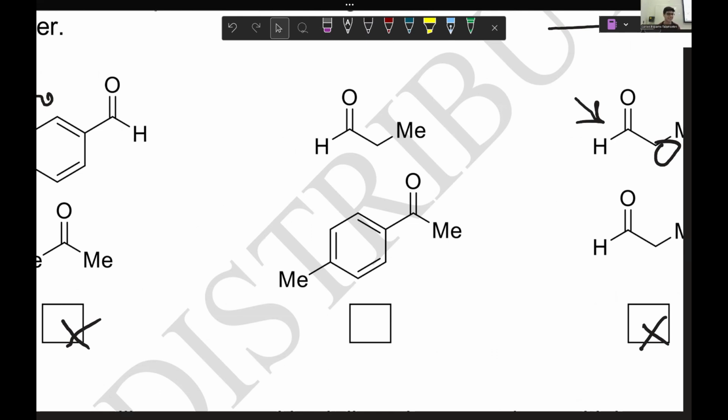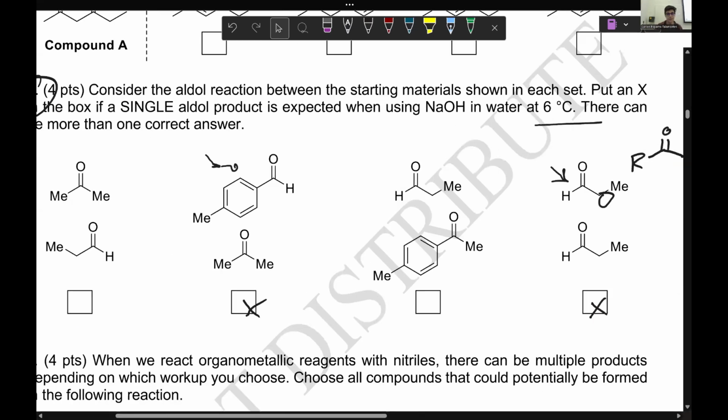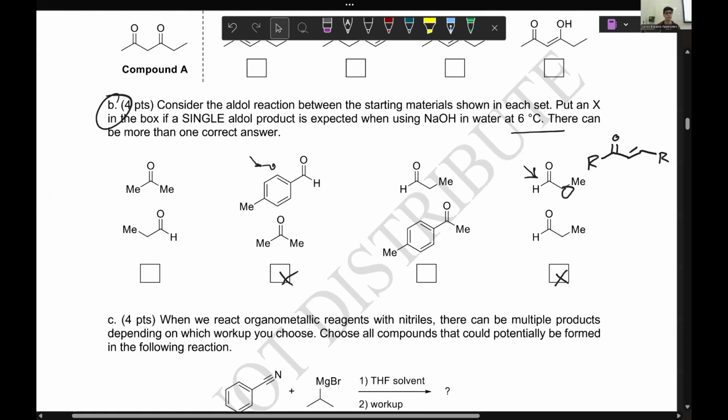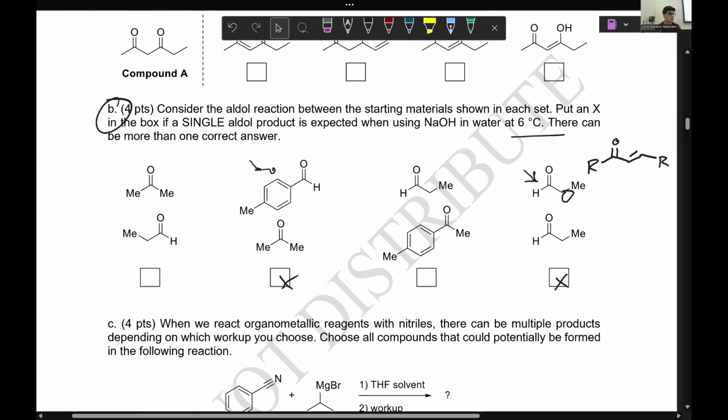Yeah, both products can form. That's a problem too. We just want one electrophile and the other one to be the nucleophile, and we'll look out for that. Any other questions about this one?